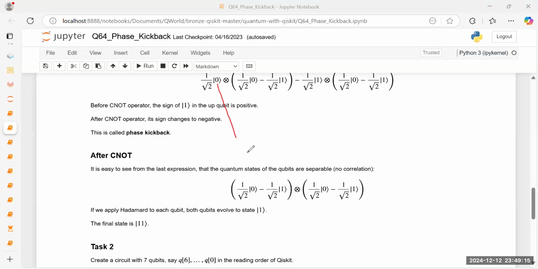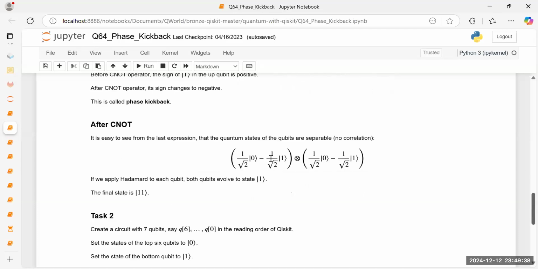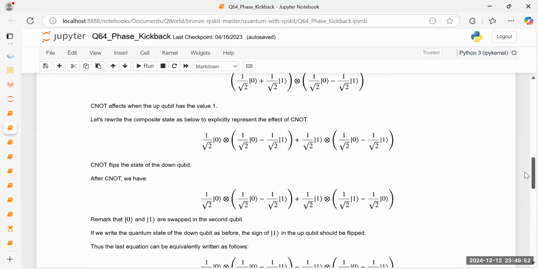The 0 here, that's how we have 0 here. And the 1 here, that's how we have 1 here. And then our minus state, still the same minus state here. Now at this point, we can apply the Hadamard operator once more. If we apply the Hadamard operator to the minus state, we're going to get the 1 state. Similarly here, we apply the Hadamard to this, and we get the 1 state. So that's what happens in phase kickback.